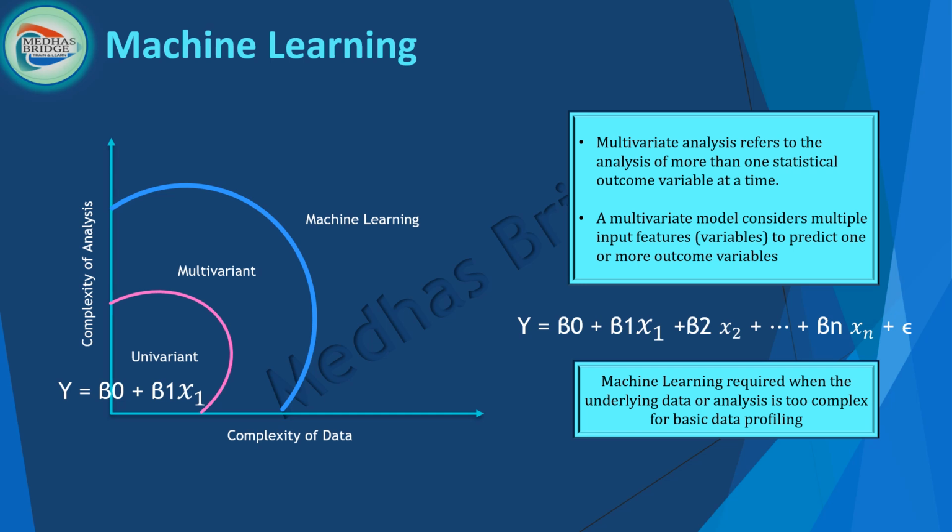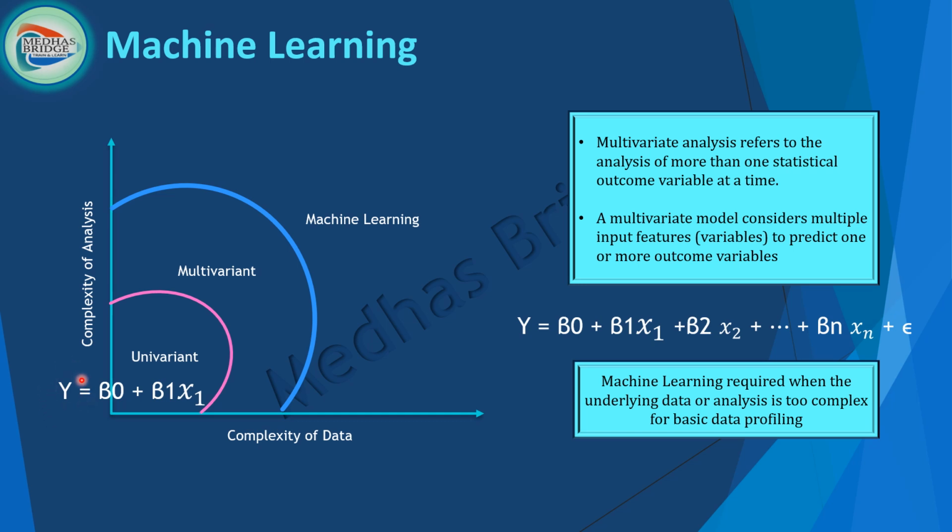When I say data, let's look at mathematical representation as a view in which you can understand in a simple way. Let's say I have an equation called y equal to beta naught plus beta 1 x1. Beta naught and beta 1 are probably constants. X1 is a variable which is an independent variable. Y is an outcome.